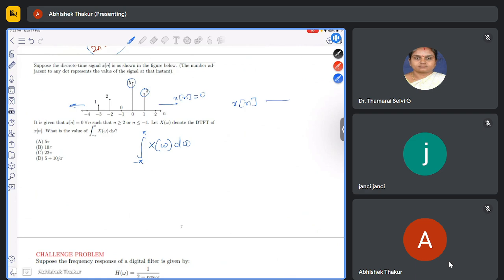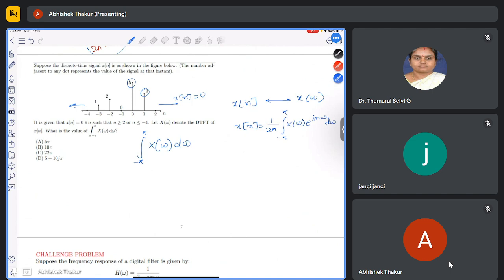This is a very good question. In this question it is given that the DTFT of x[n] is X of omega. We know the inverse discrete time Fourier transform equation: x[n] is equal to 1 by 2 pi, integration over minus pi to pi, X(omega) e to the power of j omega n d omega.